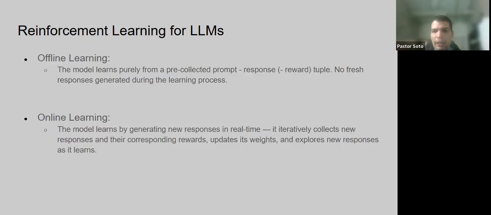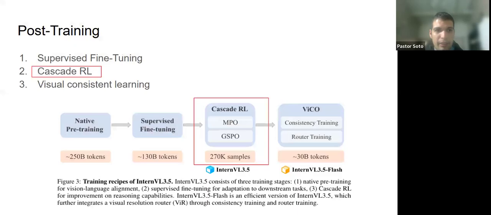While in online learning, you have the prompt, and from that prompt you generate a response. That's the difference between one and the other. This has a difference in computational time and computational resources that they mitigate. This was one of the most clever things that I saw in the paper, because they were able to mitigate this computational difference between one and the other. They took the best of both worlds, essentially.